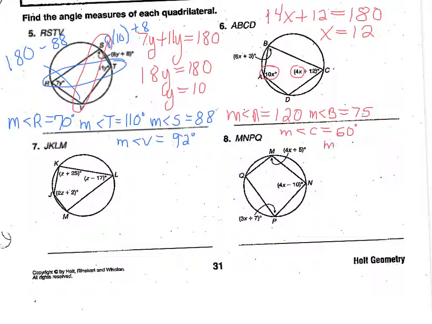And what about the measurement of angle D? You do 180 minus 75, and that would give you angle D, because these two are supplementary. So how much would that be? 105. That's it. Great.